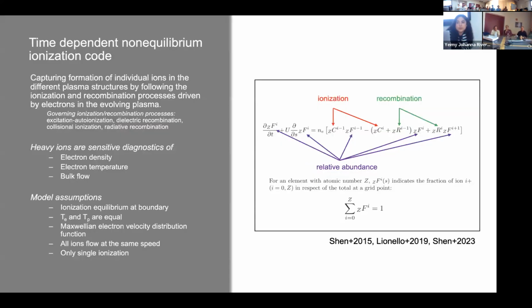You have to start with ionization equilibrium at the base, you don't really know any better, but after that it's non-equilibrium. Be careful, because MHD assumes some kind of equilibrium, otherwise you get nonlinearity.